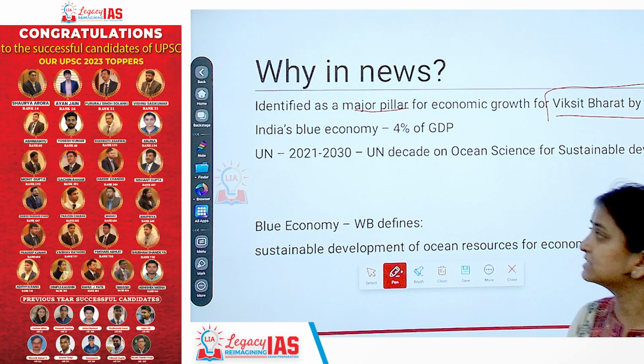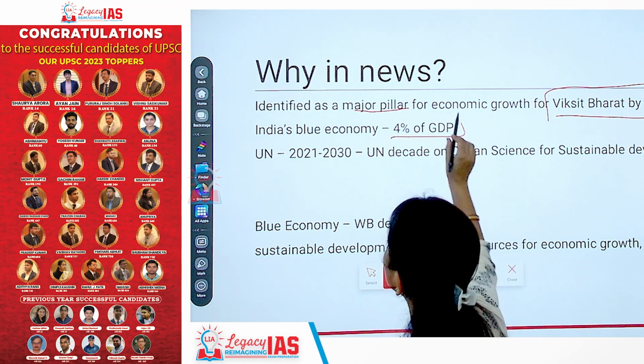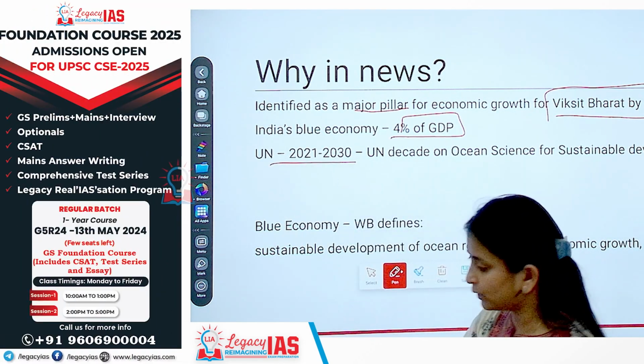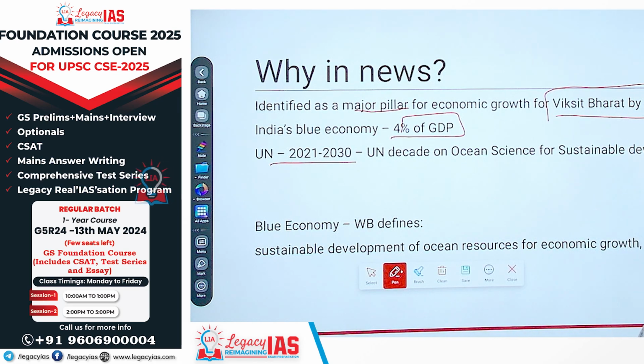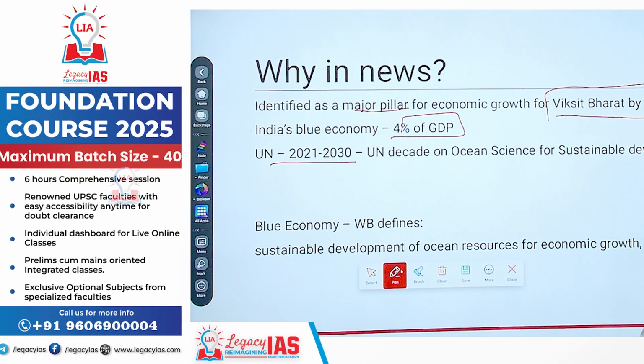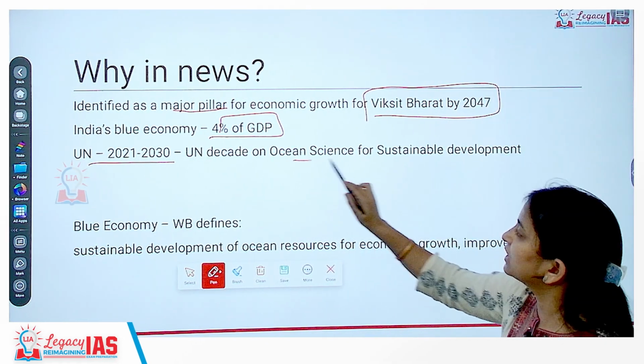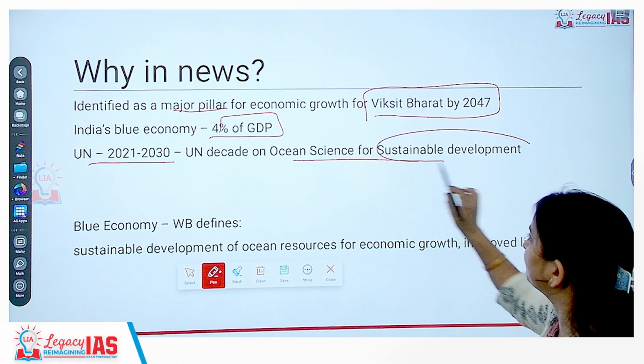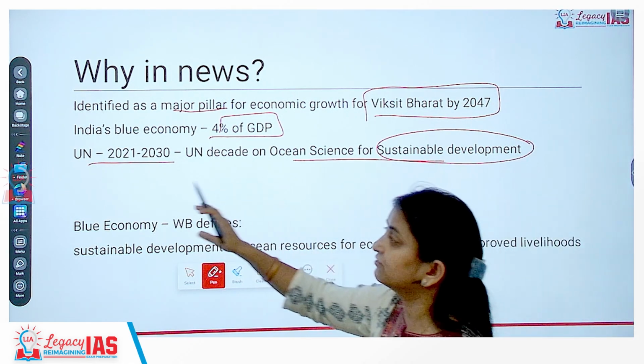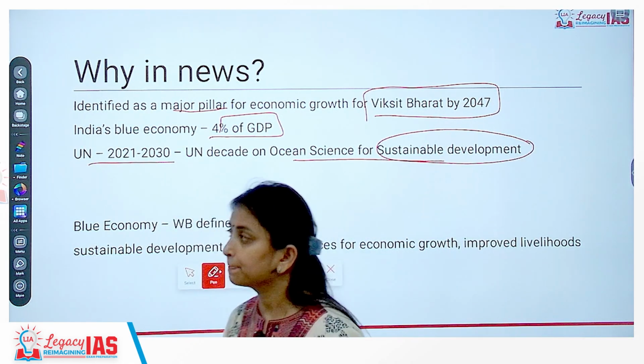Okay? Plus, it was also in the news because of the UN declaring 21 to 30. The UN has declared this entire decade as the decade of blue economy, sustainable usage of blue economy. So, the UN Decade of Ocean Science for Sustainable Development is what the decade for 21 to 30 is.